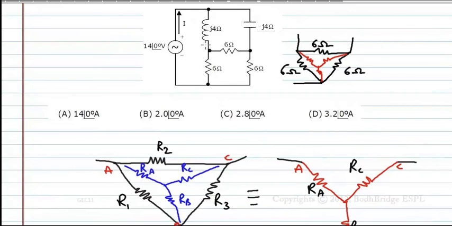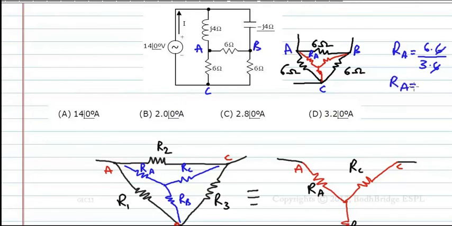Let us say A, B and C. What is RA? RA is equal to 6 into 6 by 6 plus 6 plus 6, that is 36 by 18. RA is equal to how much? 2 ohm. Similarly, RB and RC are also 2 ohm because all are 6 ohm.